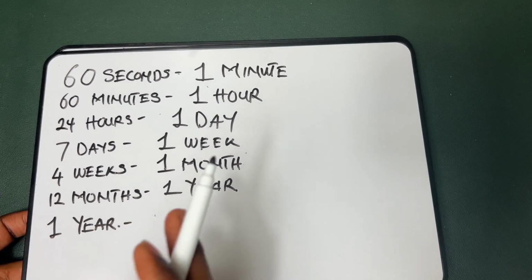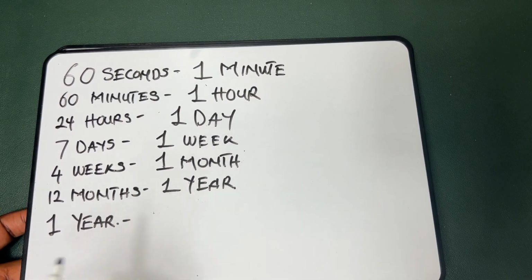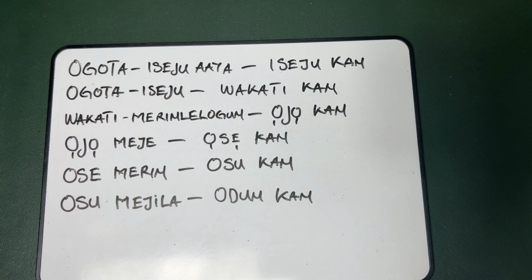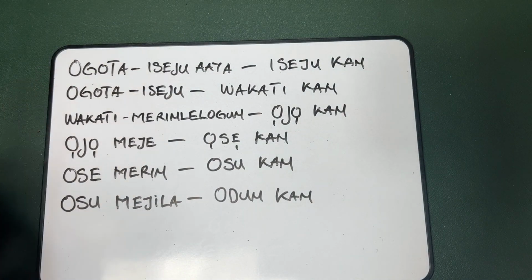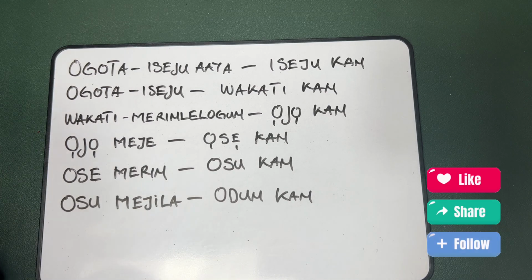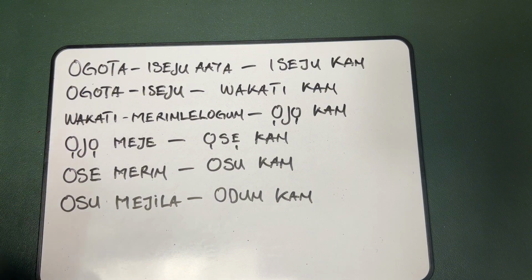So we have 60 seconds give us 1 minute, 60 minutes give us 1 hour, 24 hours give us 1 day, 7 days give us 1 week, 4 weeks will give us 1 month, and 12 months will give us 1 year. And then in Yoruba, ọgọ́ta ìṣẹ́jú àáyá, 60 seconds, will give us ìṣẹ́jú kan, 1 minute. Ọgọ́ta ìṣẹ́jú, that's 60 minutes, will give us wákàtí kan, 1 hour.